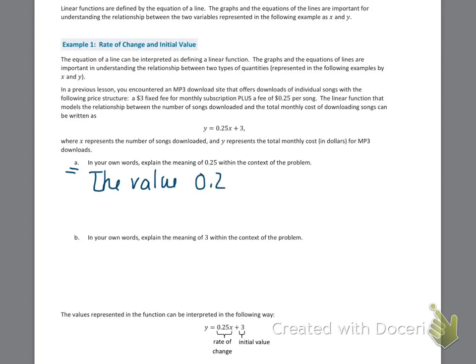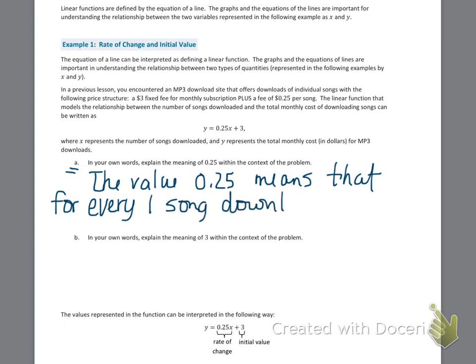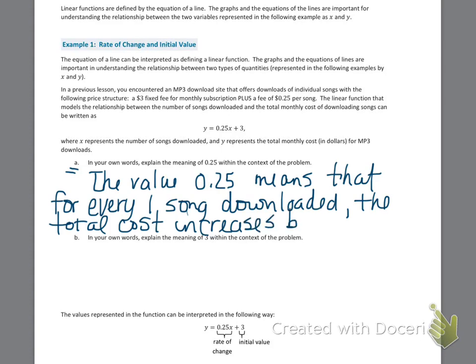0.25 means that for every additional song downloaded, or we could just say for every one song downloaded, okay, the value 0.25 means that for every one song downloaded, the total cost increases by 0.25.